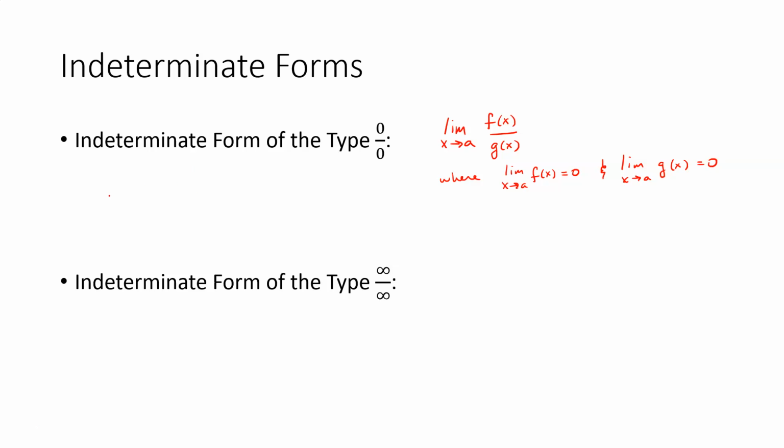An example of this type might be the limit as x approaches 0 of sine x over x.